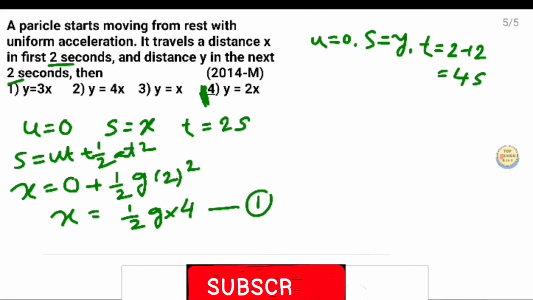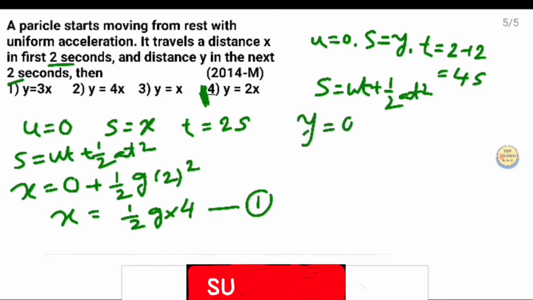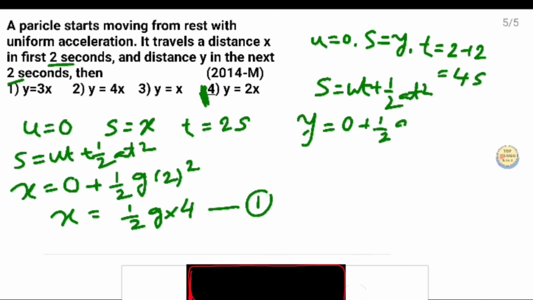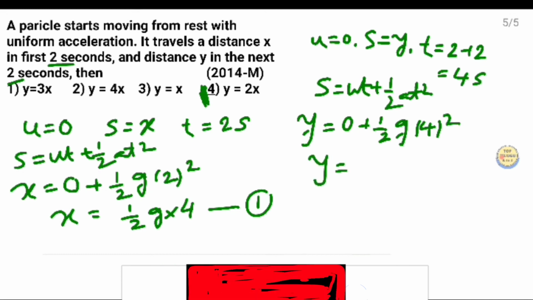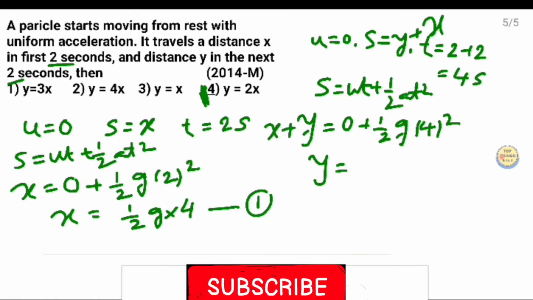Same equation, you substitute: s is equal to ut plus half at square. S is what? y, u is 0, half a is g, t is 4 square. So sorry, s, the displacement after 4 seconds means x plus y.